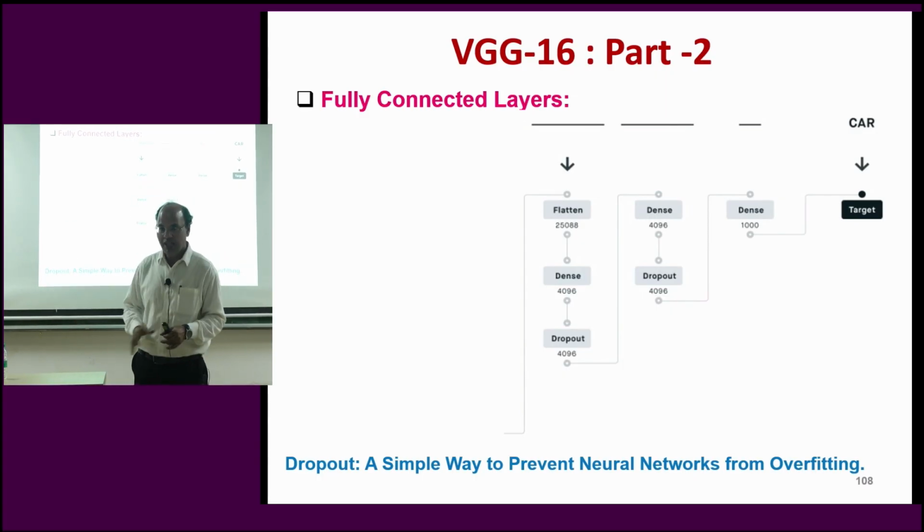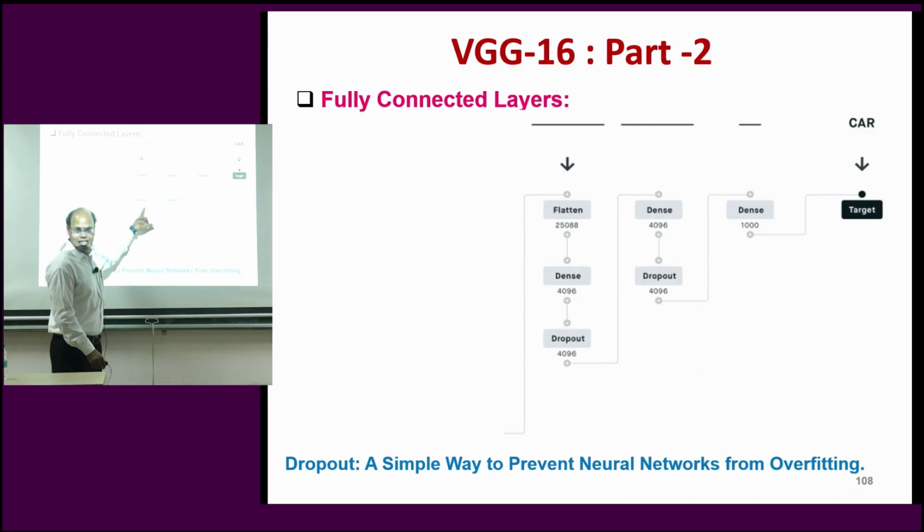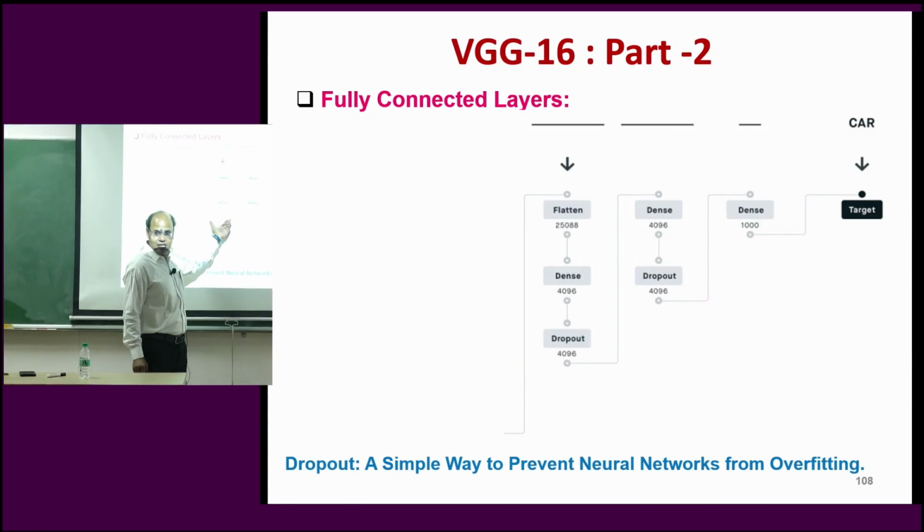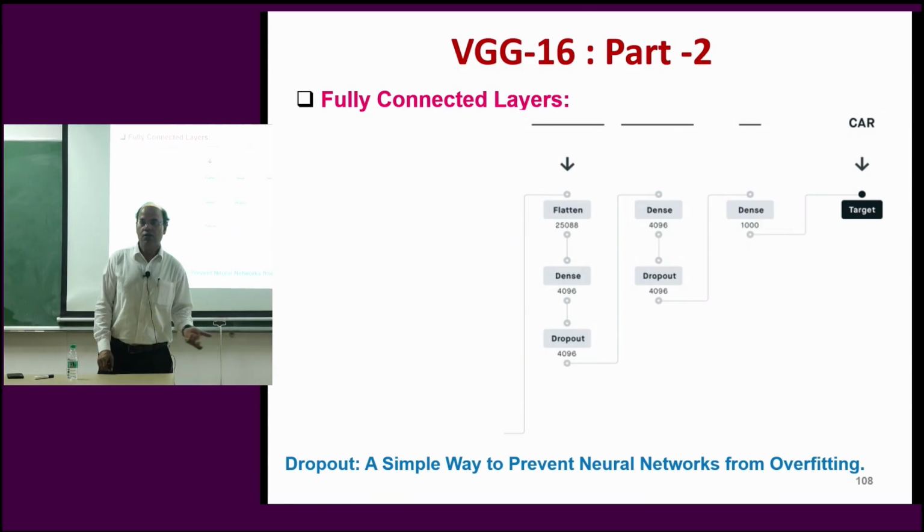Out of how many? Out of 4096. If you say 0.25, it means 25% of the 4096 nodes become inactive. So dropout is necessary to overcome the limitation of overfitting problems, right? Keep in mind the role of the dropout here.